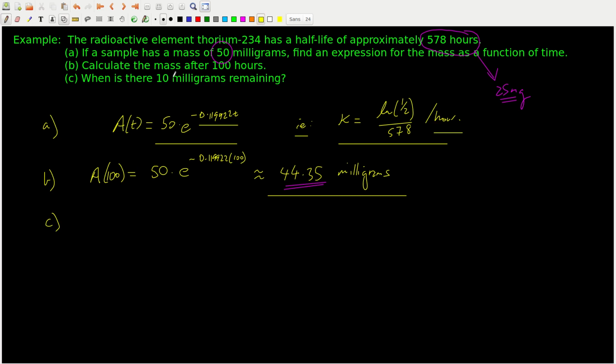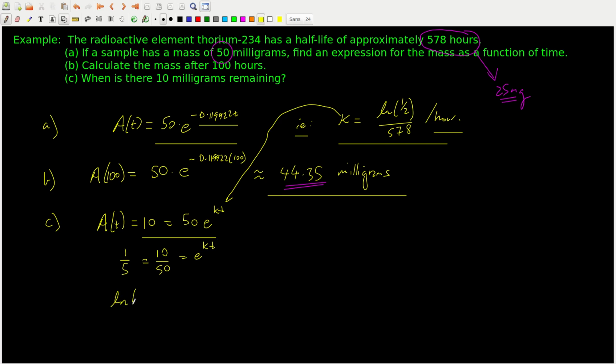So part C asks us when there's 10 milligrams remaining. Again, we're looking for the time when A of t is equal to 10. We started with 50, and we've got e to the kt, where k is the same k from above, so I'm just going to write k. So I could write this as 10 over 50 is equal to e to the kt, and 10 over 50 is 1/5.